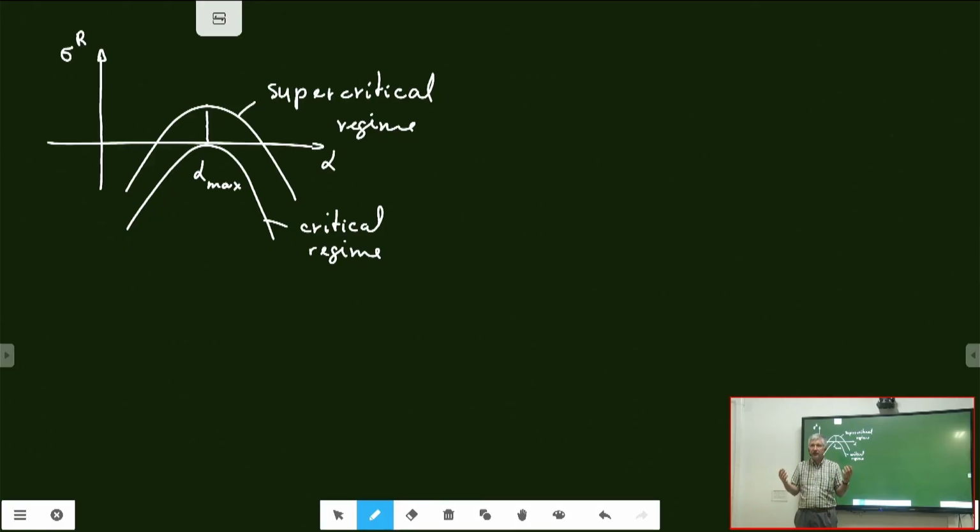So even in this regime, you will see a wave which predominantly has this wave number alpha max, simply because it is growing faster. By the time it grows by a factor of, say, 2, these ones will grow by a factor of, I don't know, 1.1. By the time these ones grow by a factor of 2, the central one will grow by a factor of 8. Something like that. So it will always be larger than its neighbors.